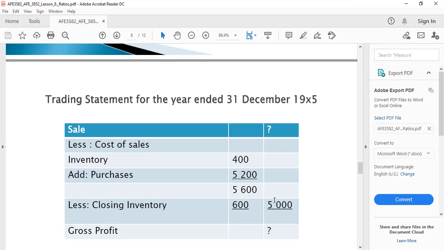Yes. Then you can use the 5,000 to get your gross profit, because you are given a markup. And now you have to find your sales. How do you find your sales?